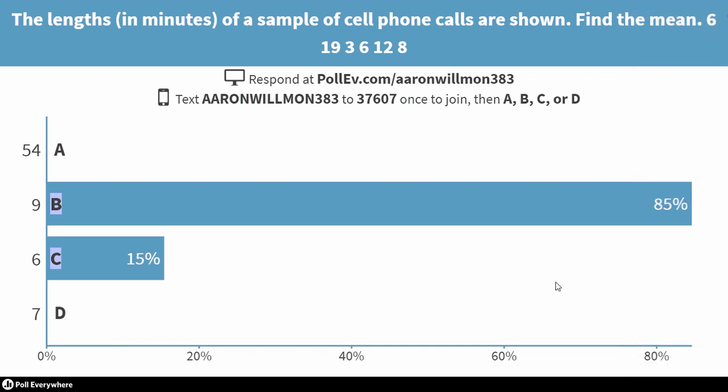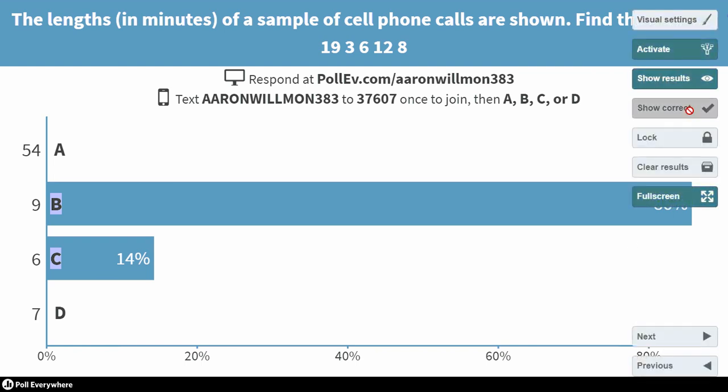So we have 85% think it's 9 and 14% think it's 6. When I added them together, I got 54. And there are 6 data values. So 54 divided by 6 is 9. So 9 is correct.